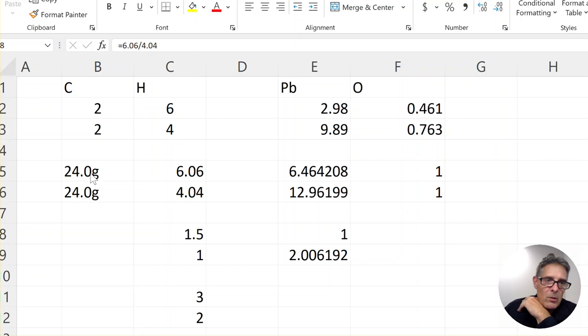So those are going to be held constant. Now my only question is about hydrogen, and I know that I have 6 hydrogens in one case and 4 hydrogens in the other.